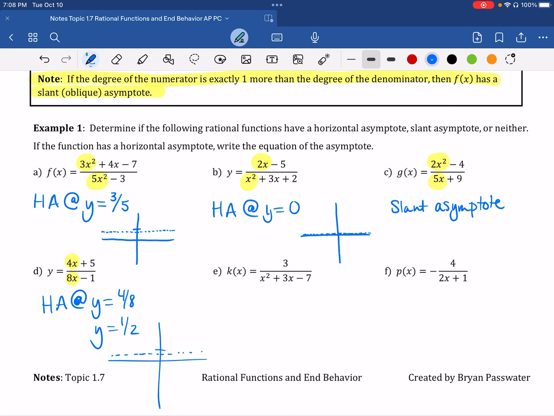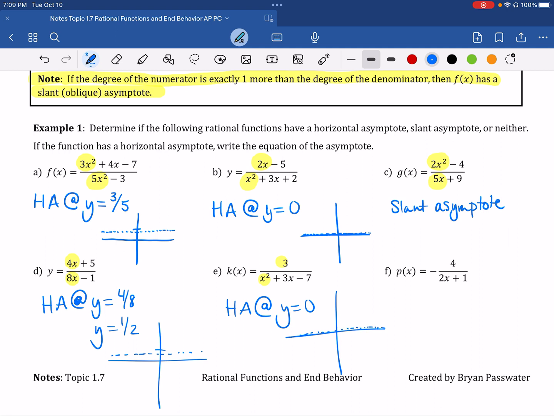Okay. In E, the degree of the numerator is less than the degree of the denominator. The degree of the numerator is 0, right? And so because of that, I know that I will have a horizontal asymptote at y equals 0, just like the one above it.